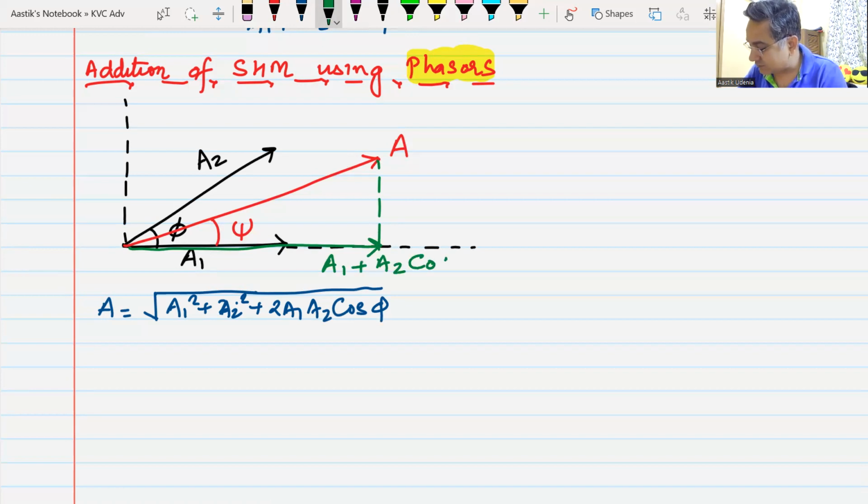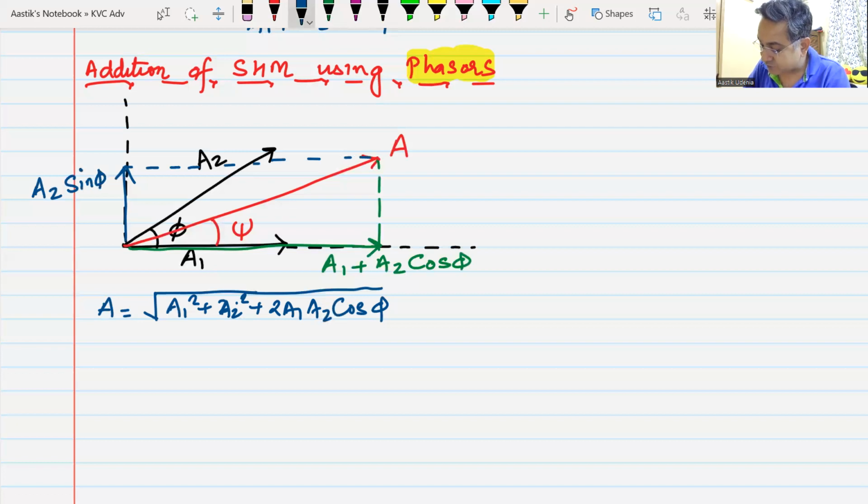And it will have a component along the y-axis. My diagram is not exactly correct. And that will be equal to A2 sine phi. And therefore you can get the value of this angle.